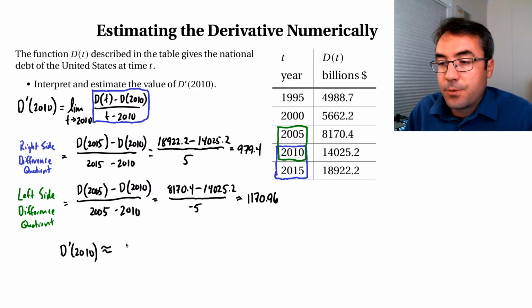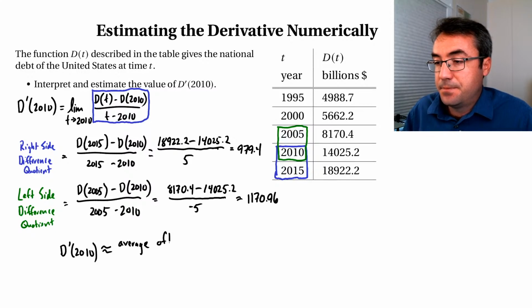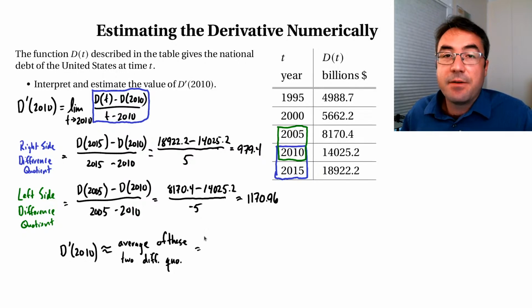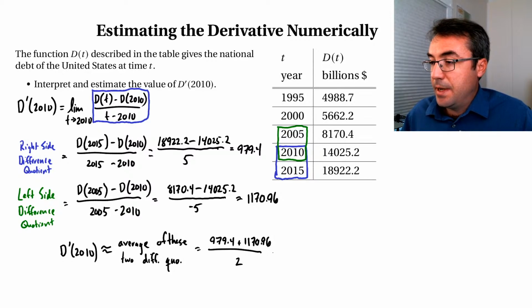So the derivative at 2010 is going to be approximately equal to the average of these two difference quotients. To do that, you just add them together, and since there are two of them, we divide by 2. And what do we get?